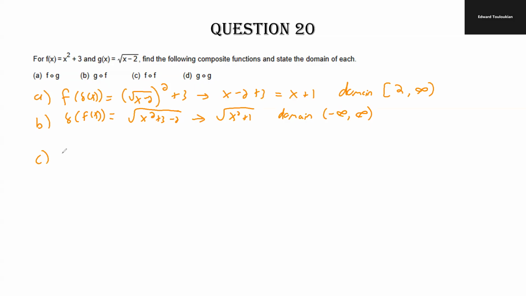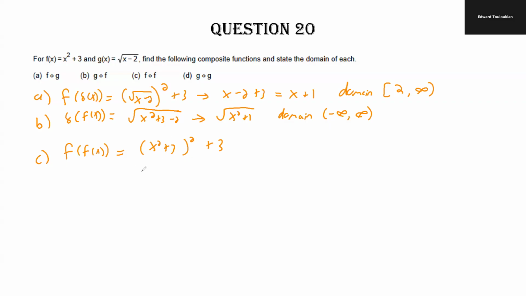All right, for C, f of f of x, we take f of x and replace the x with f of x. So instead of x squared plus 3, the x gets replaced by x squared plus 3. And here's where we're going to have to do some foiling.